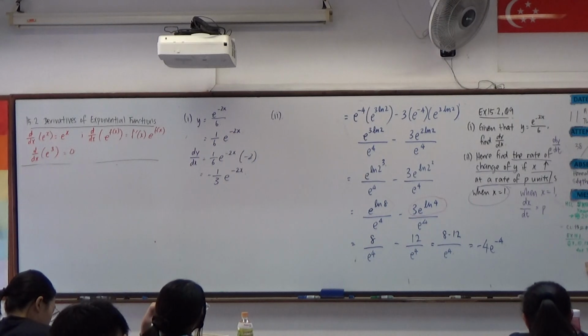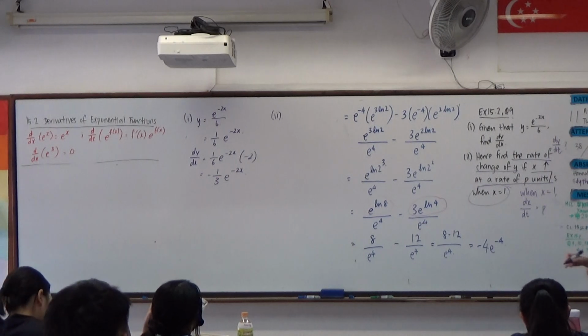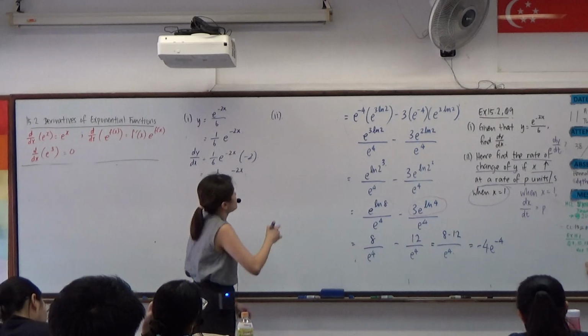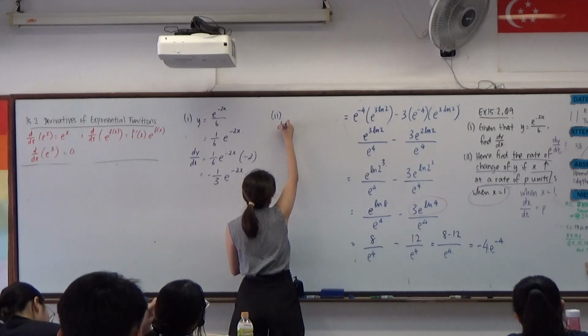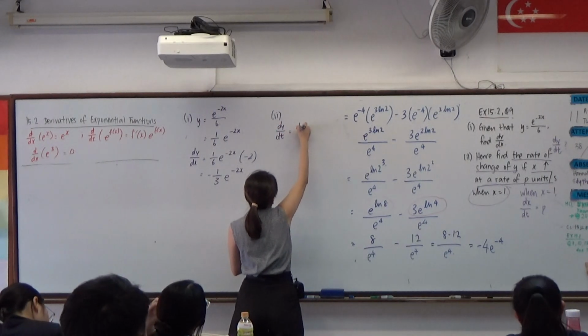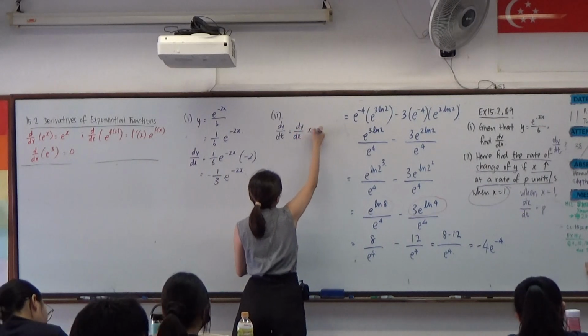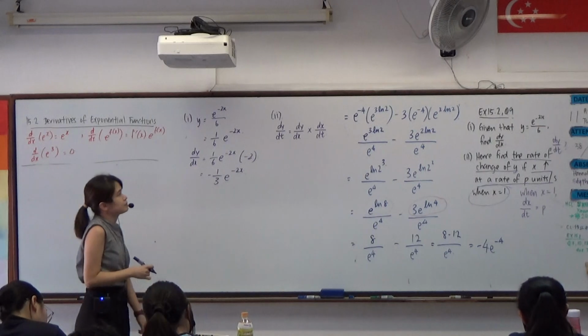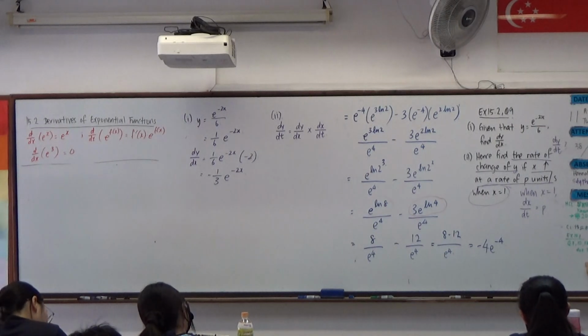So the question wants us to find out what is dy over dt. We already have our dy over dx. So in order to find out what is dy over dt, it will be equal to dy over dx times dx over dt.